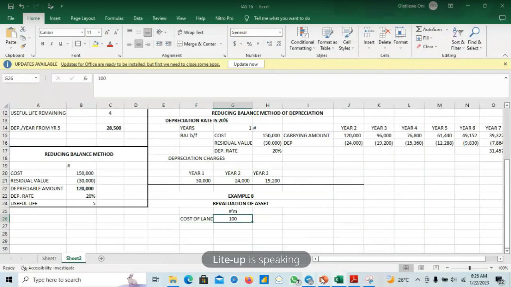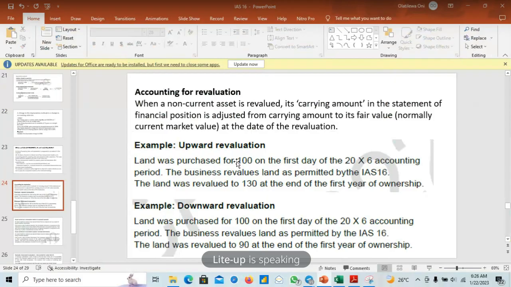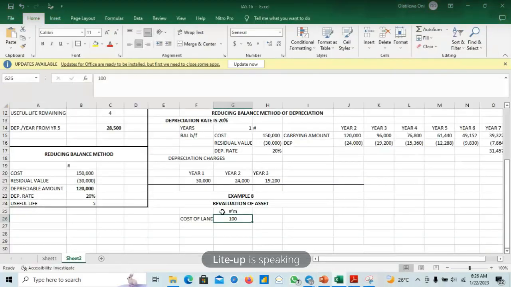That is when it was initially purchased in 20x6. So let me put the year there, 20x6. So they bought the land at cost for this amount of money.